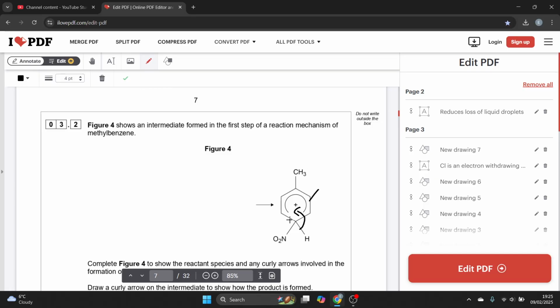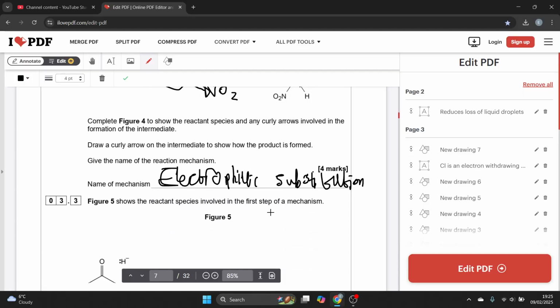So you have to be extremely specific. We've got the benzene ring, the CH3 methyl group there, then the NO2+ is somewhere here, and then here to here, and that explains why the horseshoe ring is there. And that's electrophilic substitution, 4 marks.